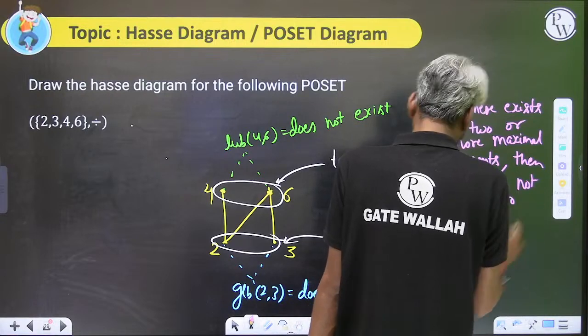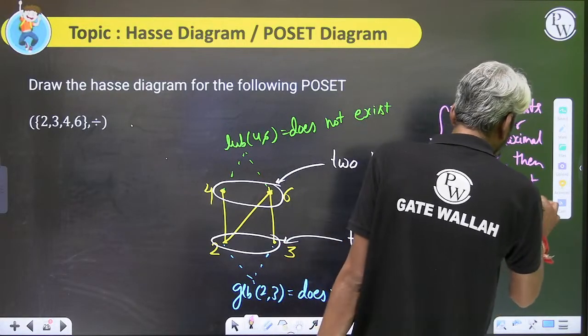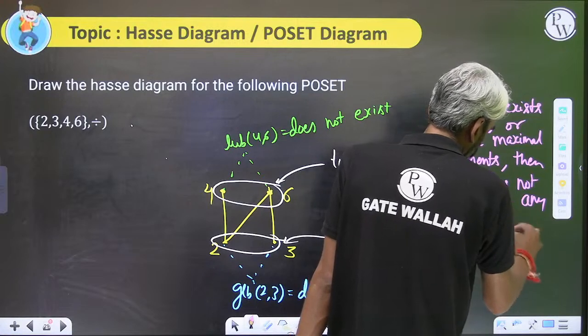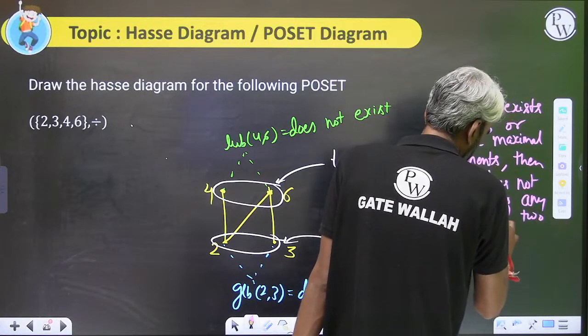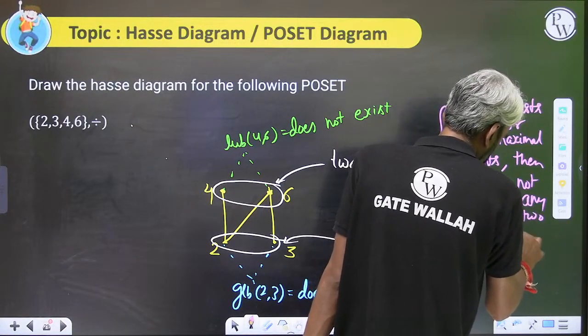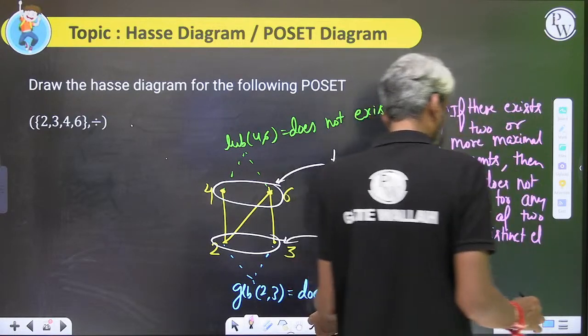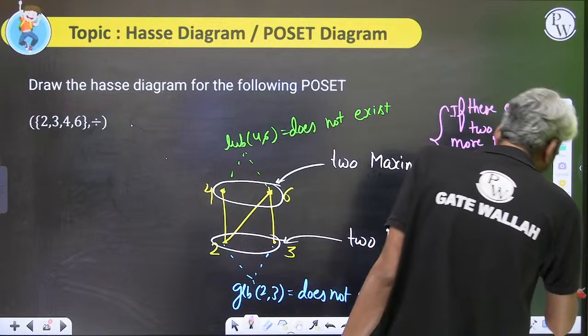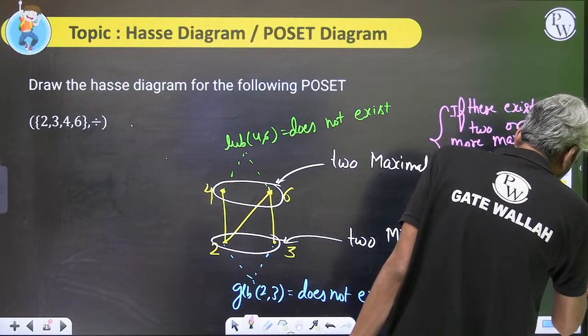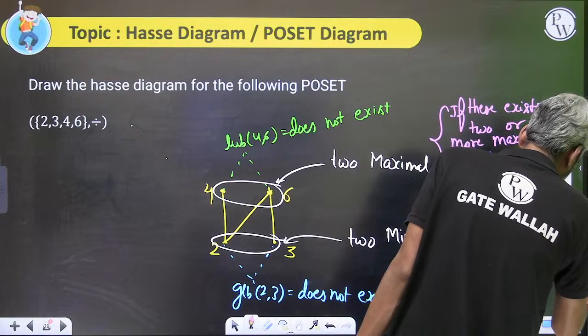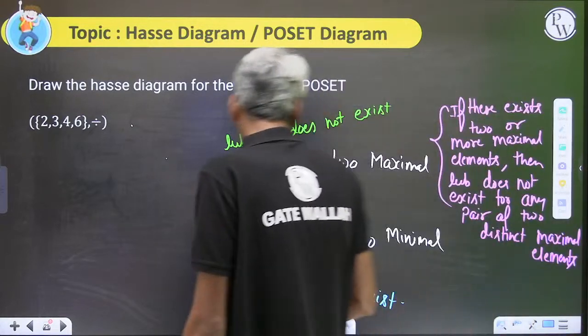for any pair of two distinct elements. For any pair of two distinct maximal elements. Clear?